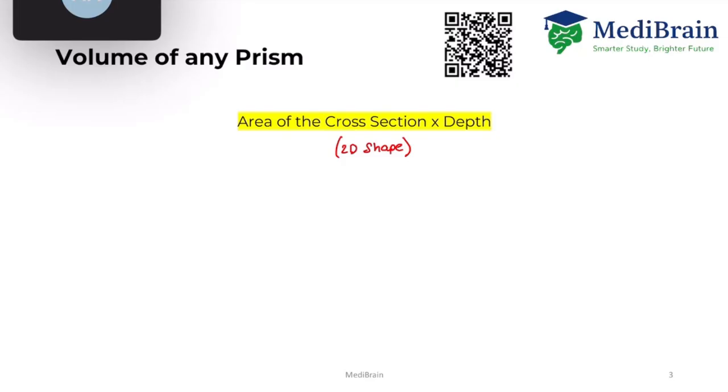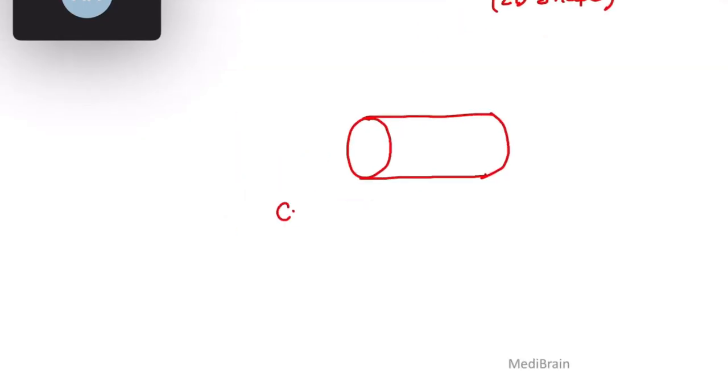So if I gave you an example, let's say we had a cylinder. Okay, I've just drawn a cylinder. What's the cross section of this cylinder? The cross section is a circle.